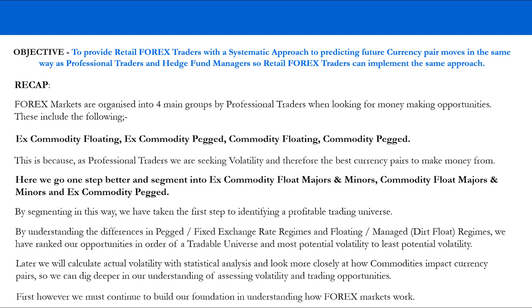So by segmenting this way, we've taken the first step to identifying our profitable trading universe. What we mean by that is being consistently profitable over the typical trading time horizons.